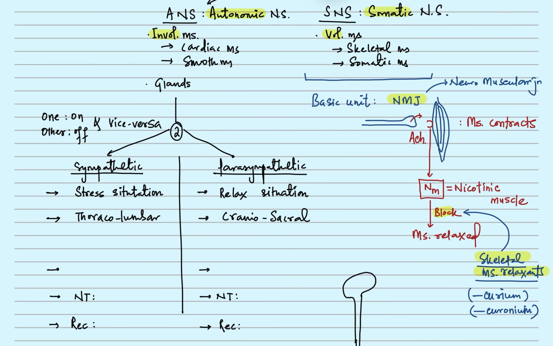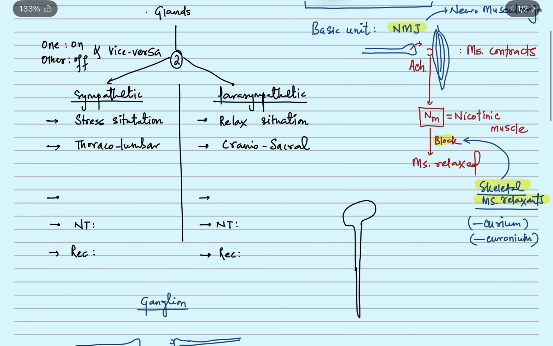Now come to our main topic, the autonomic nervous system. As I told earlier, the autonomic nervous system supplies the involuntary muscle, that is the cardiac muscle and the smooth muscle, and the glands. Now the autonomic nervous system is further divided into two subtypes based on their nature: the sympathetic nervous system and the parasympathetic nervous system.